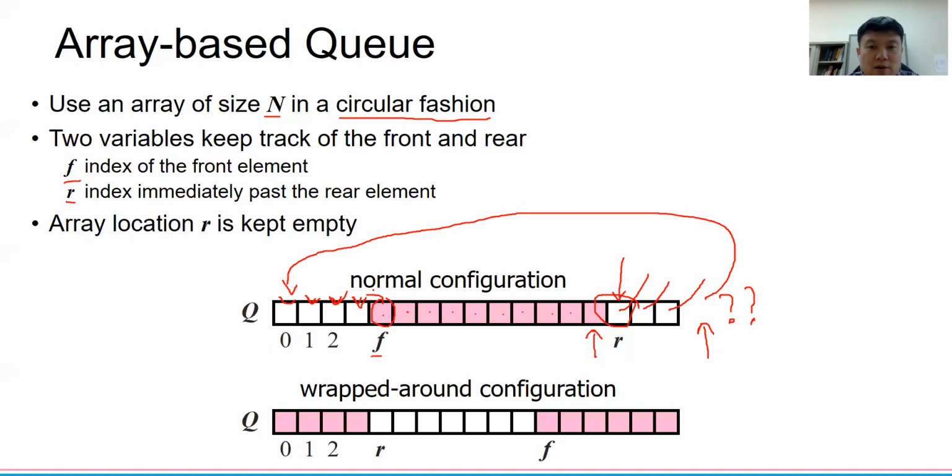Then you can leave them blank, and yeah, we call this the circular fashion, or the wrap-around configuration. So f will go to the rear part, and r, if it is full, will go to the front part. So this is the wrap-around configuration.